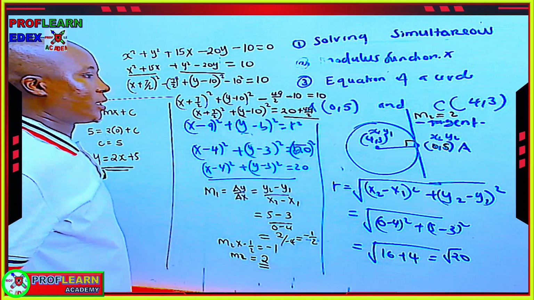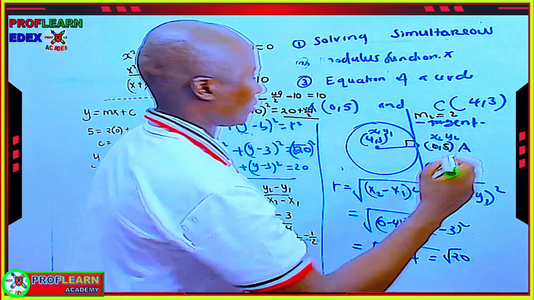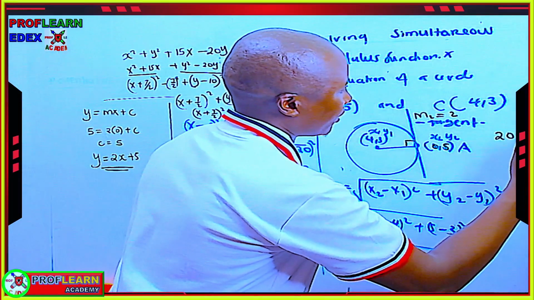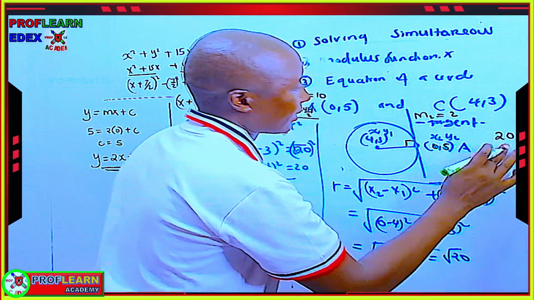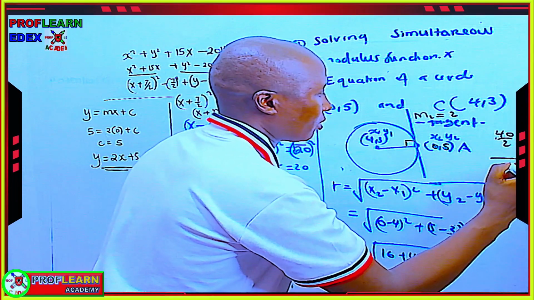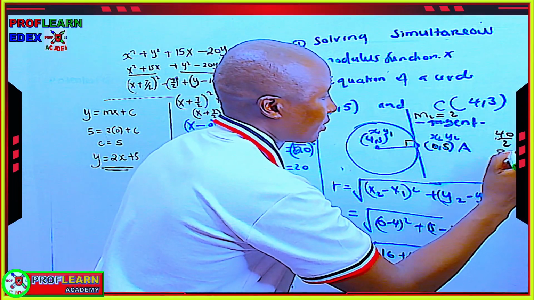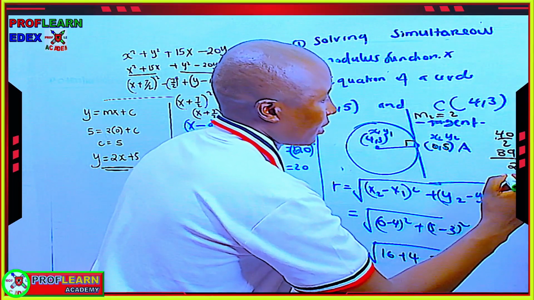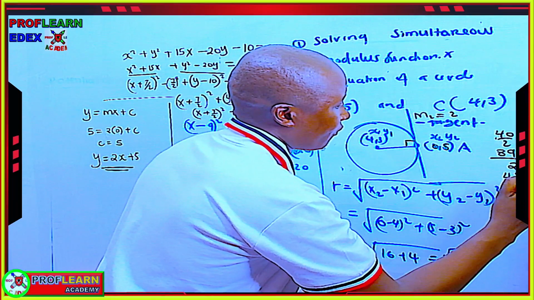What is 20 plus 49 over 2 equivalent to? I can write this as 40 over 2 plus 49 over 2, which becomes 89 over 2.